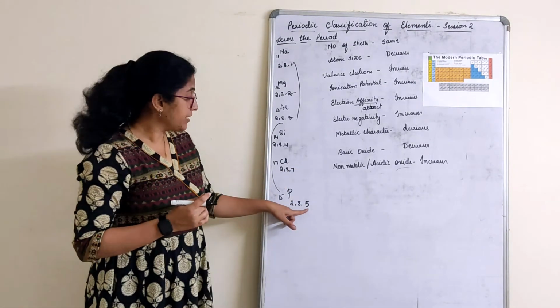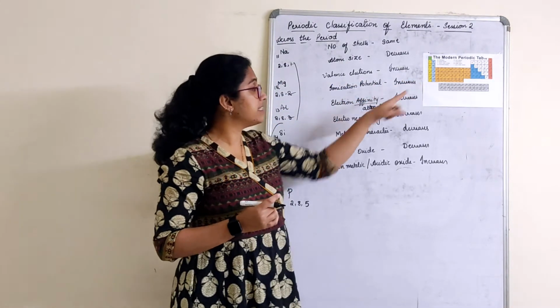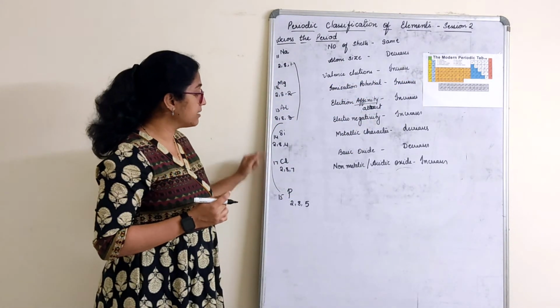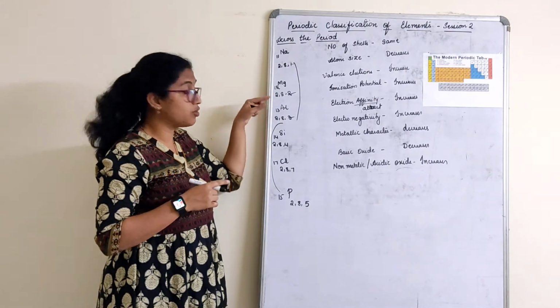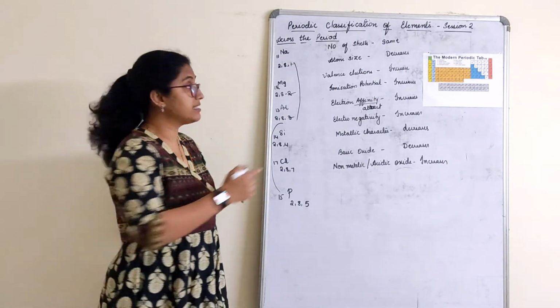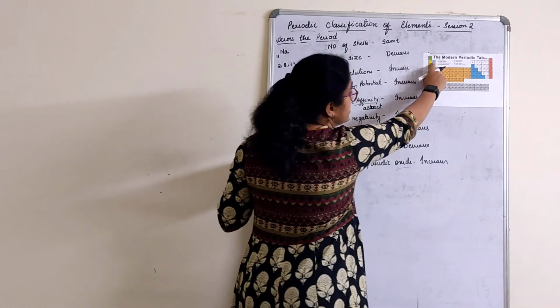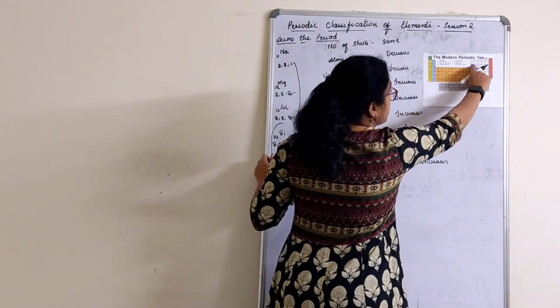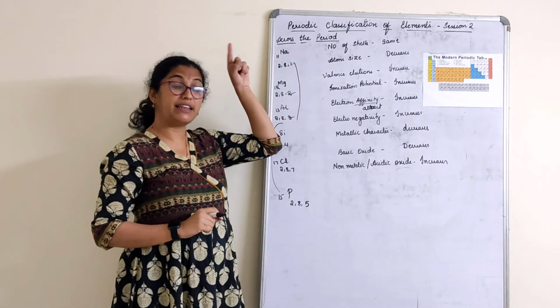Okay, so you get 5 here. Now after 5, of course 4. Take some more elements and check. What will happen here is valence electron, initially you feel that it increases. Check here. This belongs to valency 1, valency 2. Then comes here, valency 5. No, we don't talk about valency. It is 5 there.